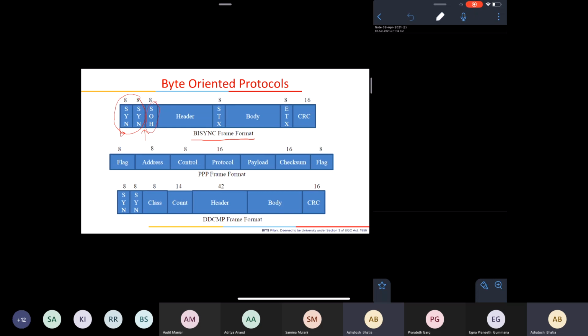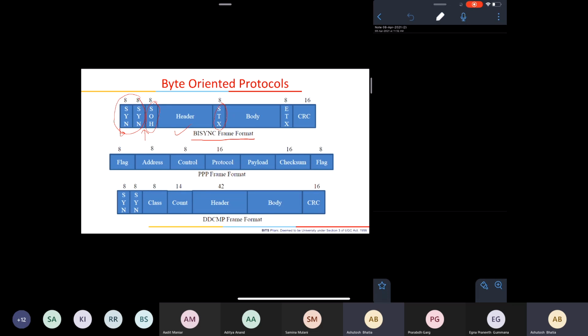Because every packet has a header, they have the starting of the header also. So you say start of the header, and then you read the header, and as soon as you receive the start of the text, that means the body, that means the header has ended. It could be possible because based on the header information you want to do some kind of processing. So you really need the boundary of whether the header has ended.